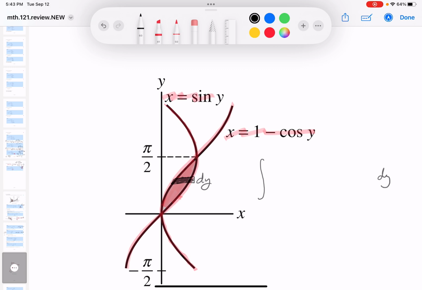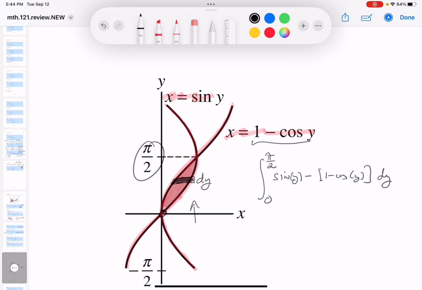So put dy over here. What's the limit going to be? We're starting at y equals 0, and we're stopping at y equals pi over 2. Now, looking at it, this is the upper part, and that's going to be sine of y, minus the lower, which is going to be 1 minus cosine of y.